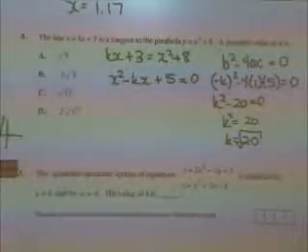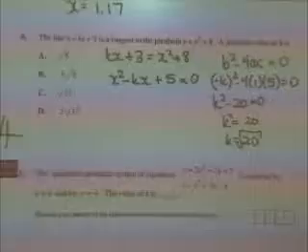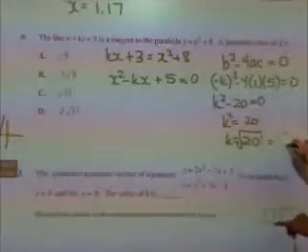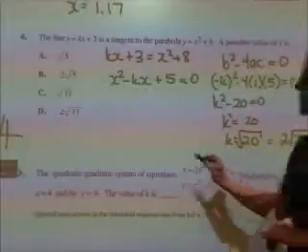Which right now doesn't match any of my answers, but then I look, can I simplify the square root of 20? Does 20 contain a perfect square factor? 4. So 4 times 5, so this would become 2 root 5.